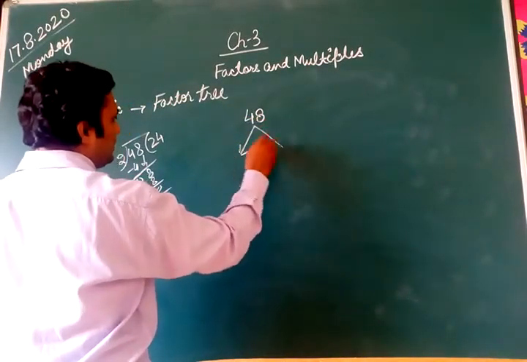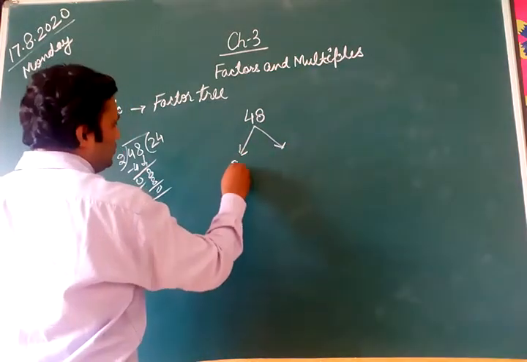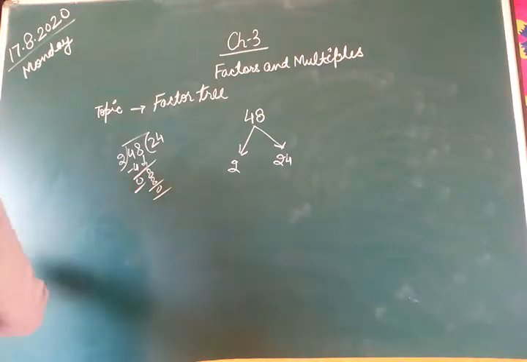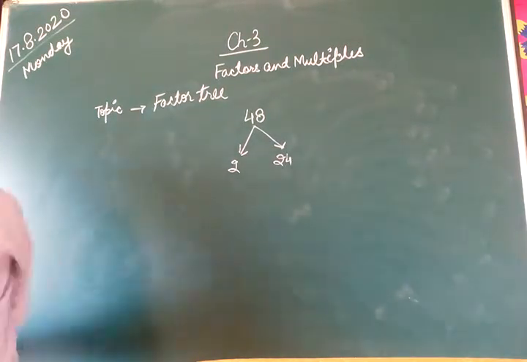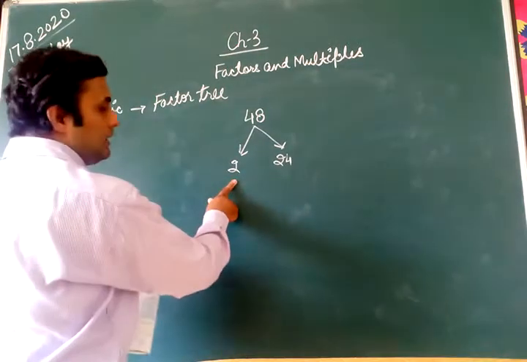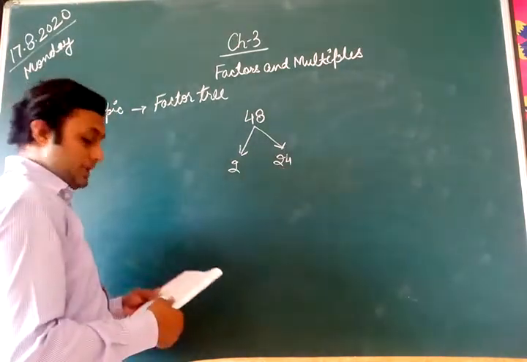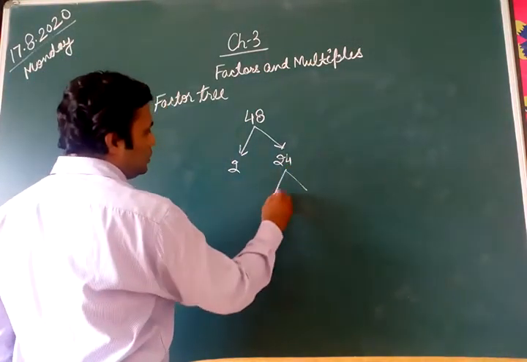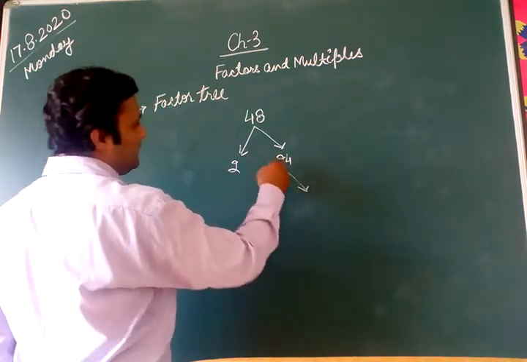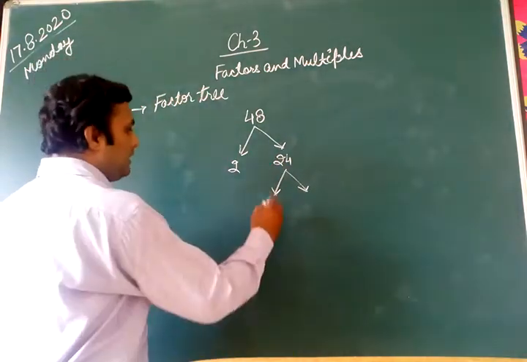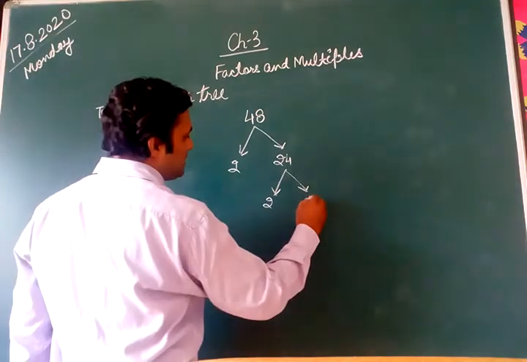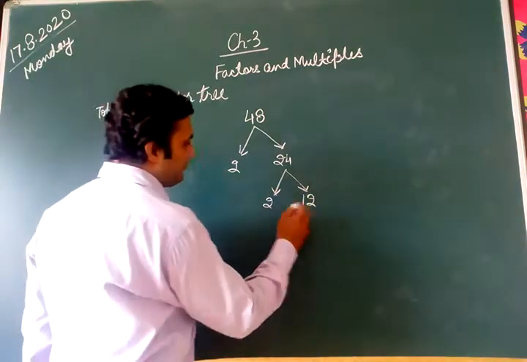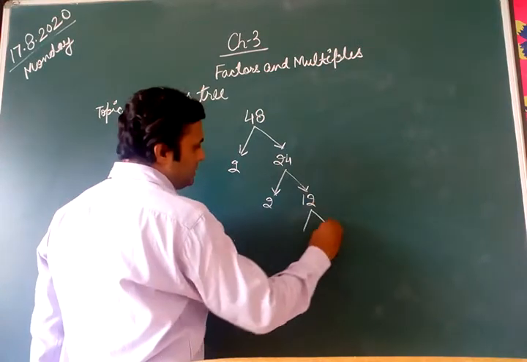Draw this: 2 and 24. Can 2 be factorized further? No. Can 24 be factorized? Yes. So again you divide by 2, because 24 is easily divisible by 2. We get 12.